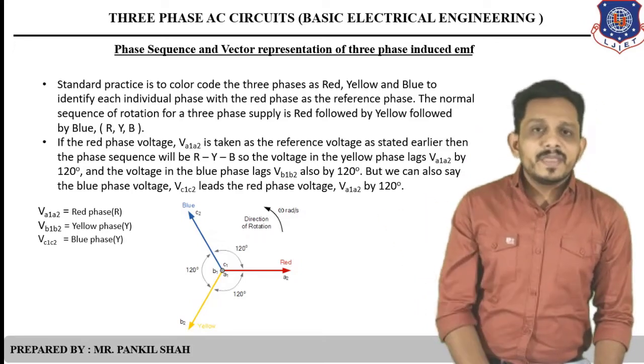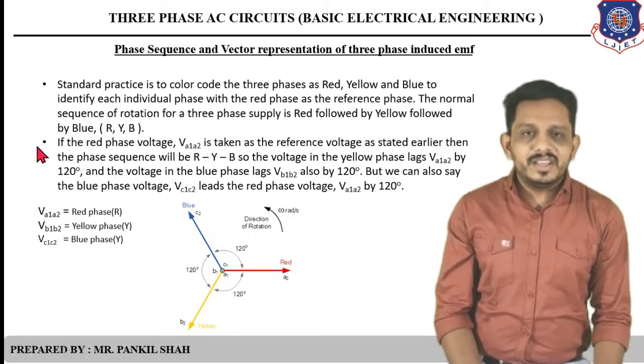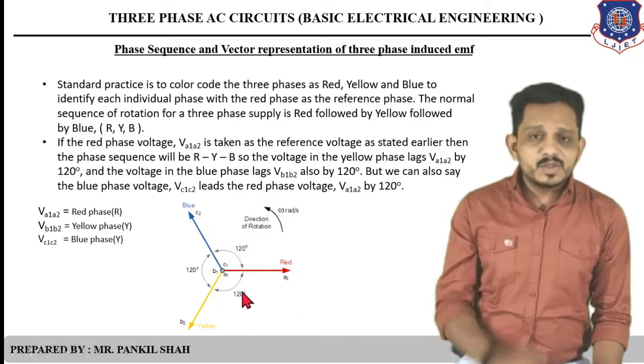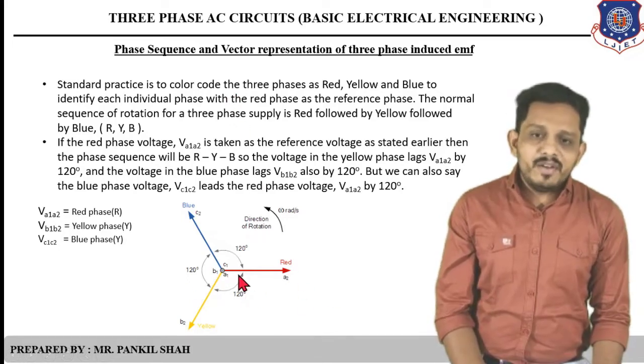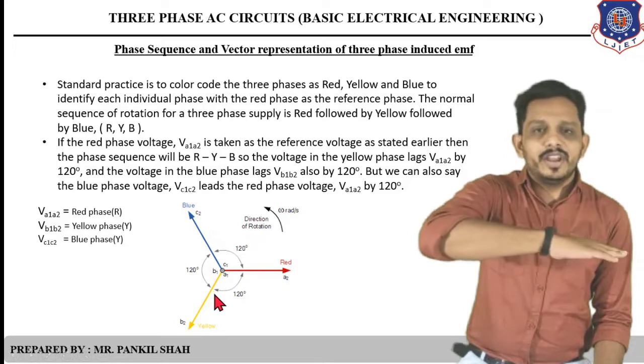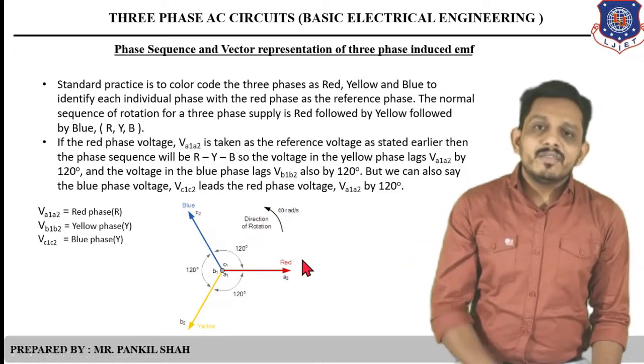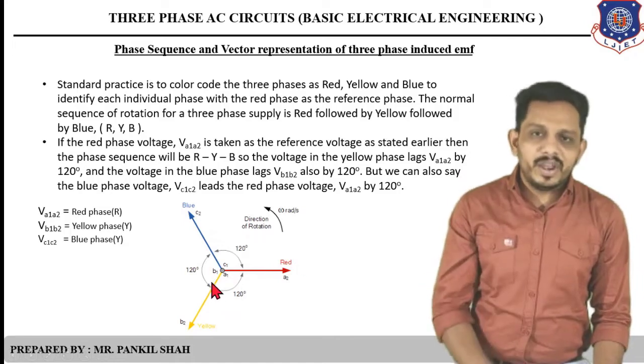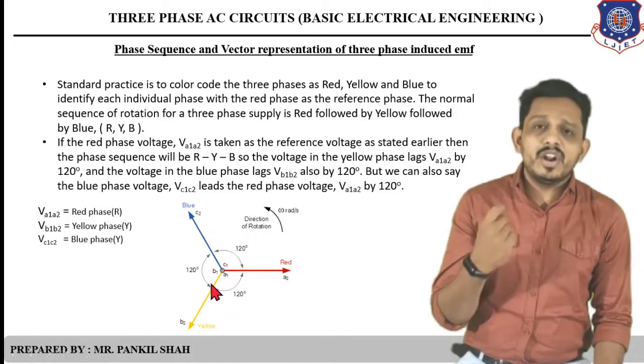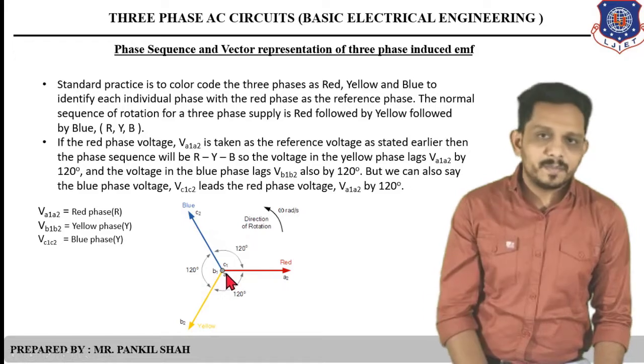If you want to draw the vector diagram, you can see it here. In this vector diagram, this is the red vector, and we have placed it at 0 degrees because we started from here. This is the voltage in the first coil, the A1, A2 coil, or the R phase.